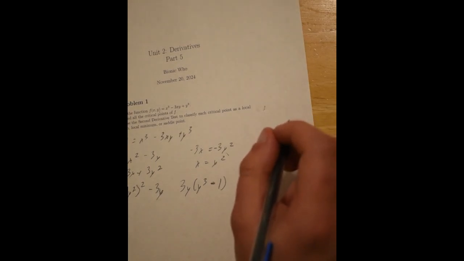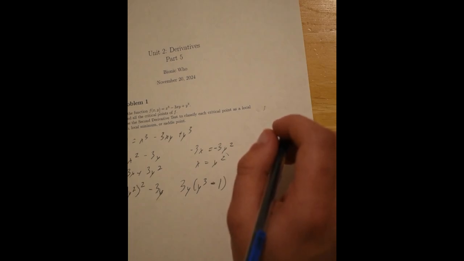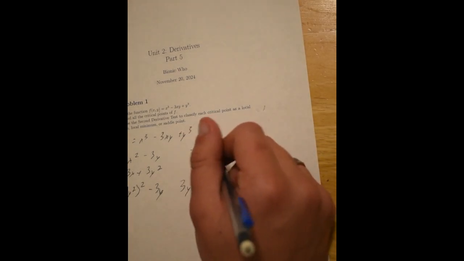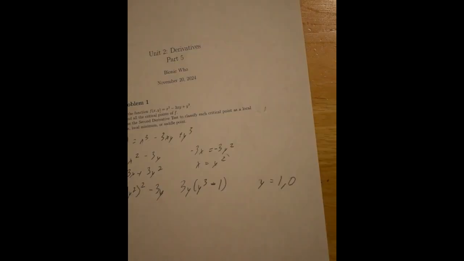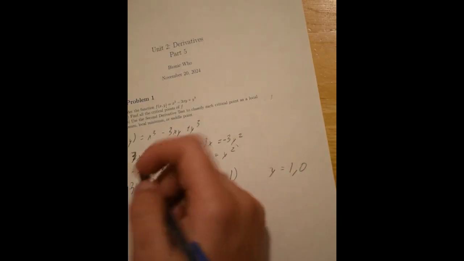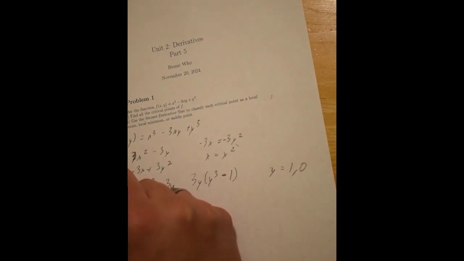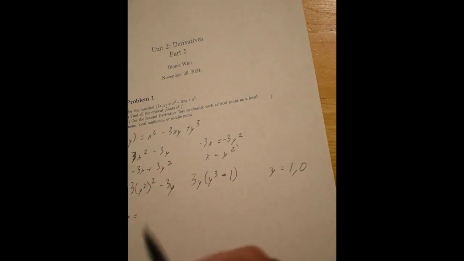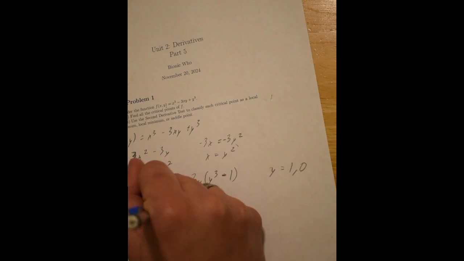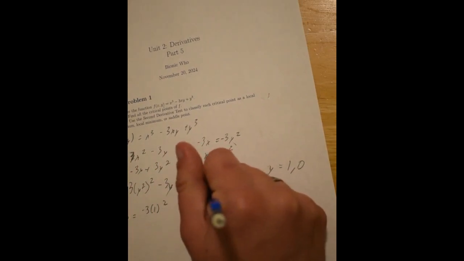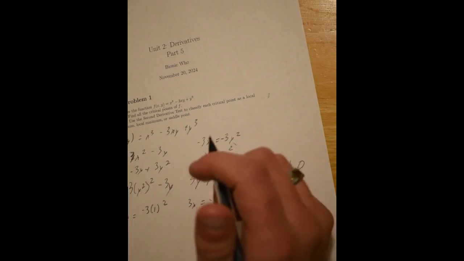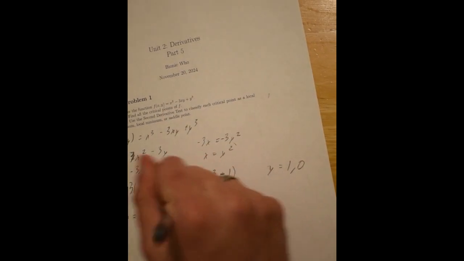And since our y is equal to 1, and our x is equal to the same thing as our y, we go back in and take these two values and plug them into our equation once again. So we would go 3x is equal to, and this is in order to get our x values, negative 3 times 1 squared, and 3x equal to negative 3, not negative 3, excuse me.